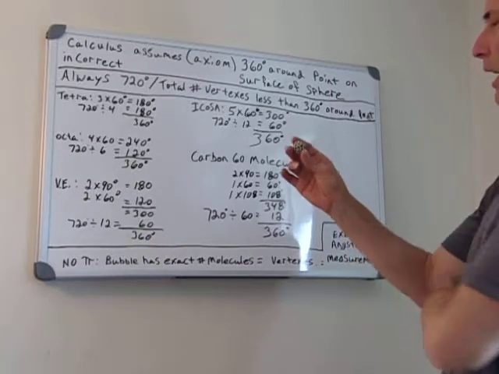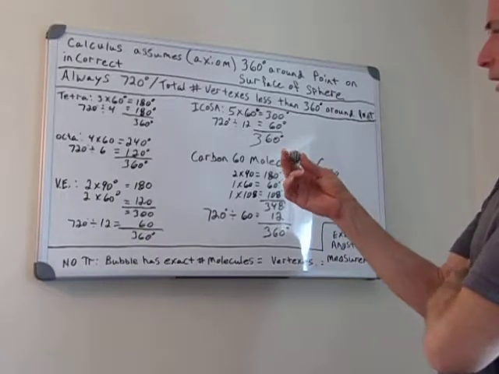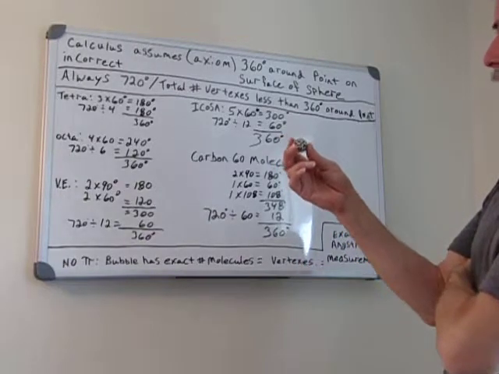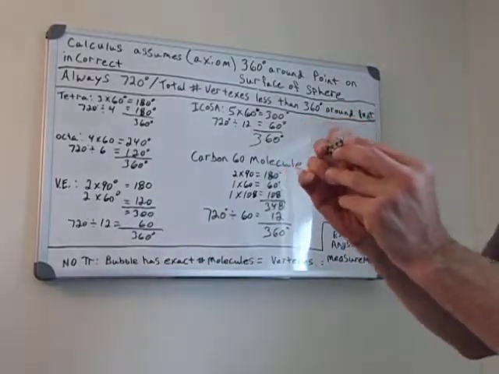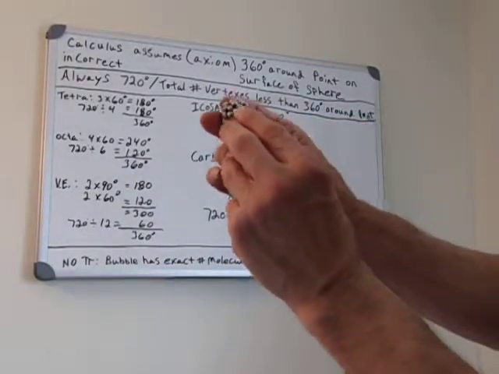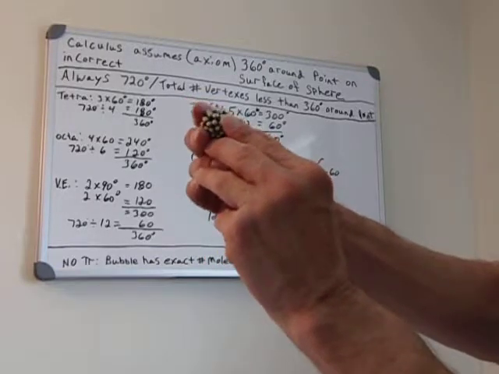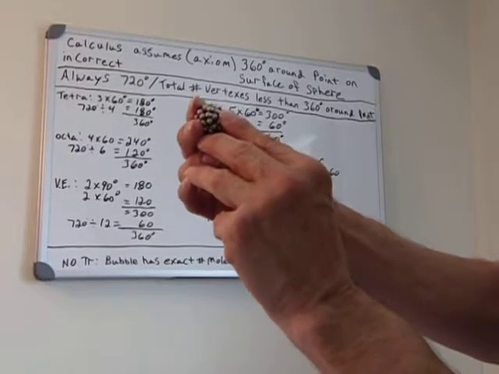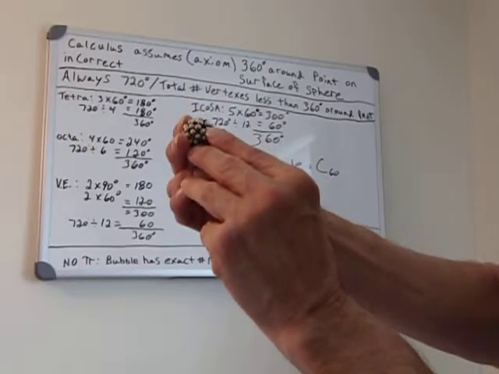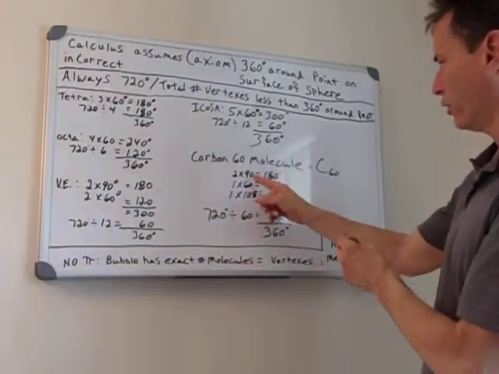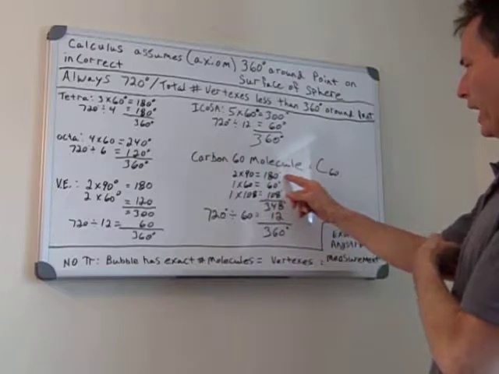When you connect the 60 balls into the form of the carbon-60 molecule, you'll notice that around each of these spheres on this molecule, you have 1 triangle, 2 squares, and 1 pentagon. The 2 squares at 90 degrees equal 180.